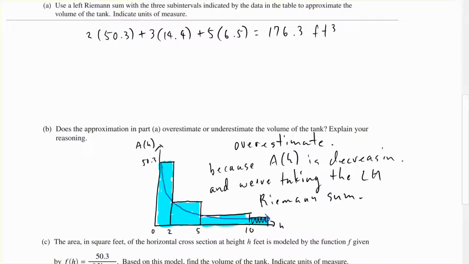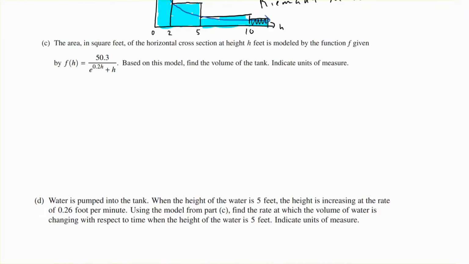So this is sort of the entire explanation of how you come up with what is an overestimate or an underestimate. And this graph wouldn't count as an explanation, but gets you the idea of why it is.